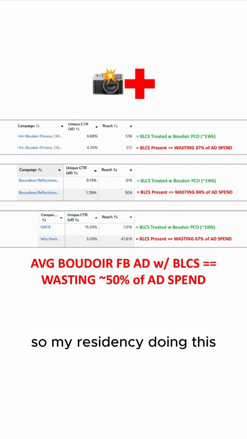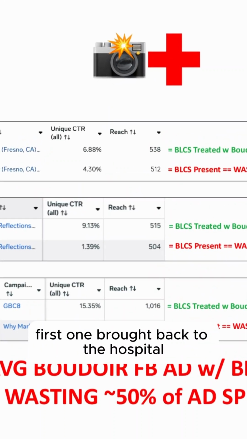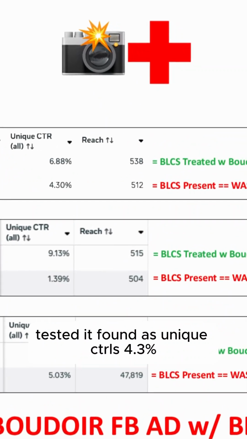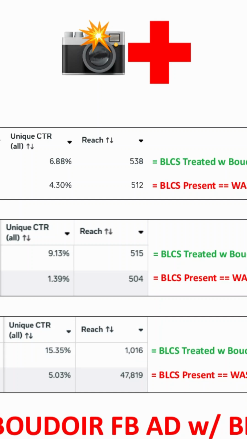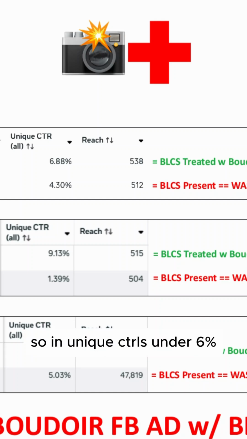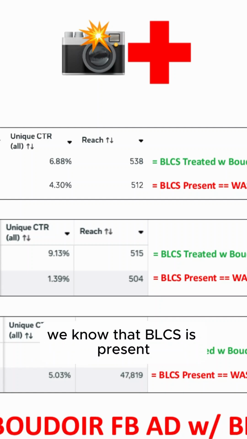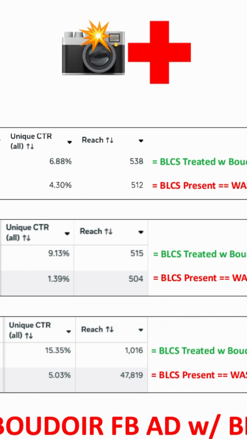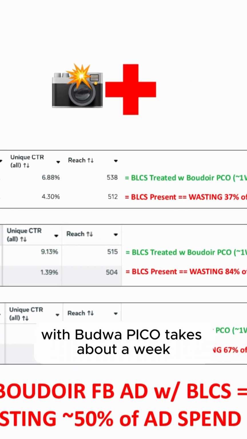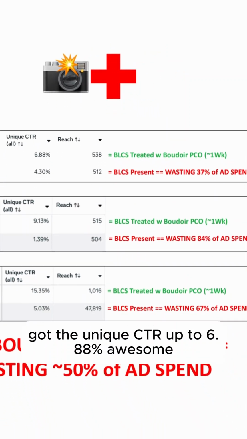So in my residency doing this, I found Boudoir Facebook ads out there in the wild. The first one I brought back to the hospital, tested it, and found out its unique CTR is 4.3%. So when unique CTR is under 6%, we know that BLCS is present, Boudoir low click syndrome. So we treated it with Boudoir Pico, it takes about a week, and got the unique CTR up to 6.88%.